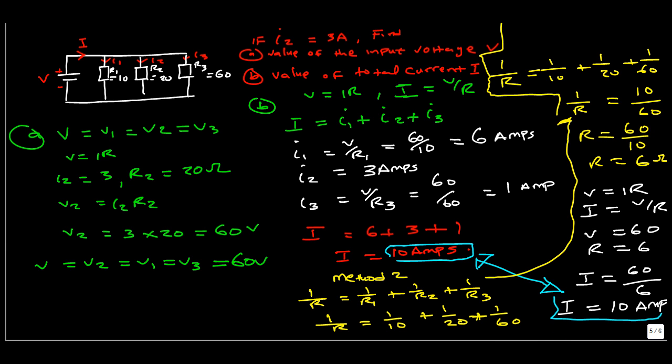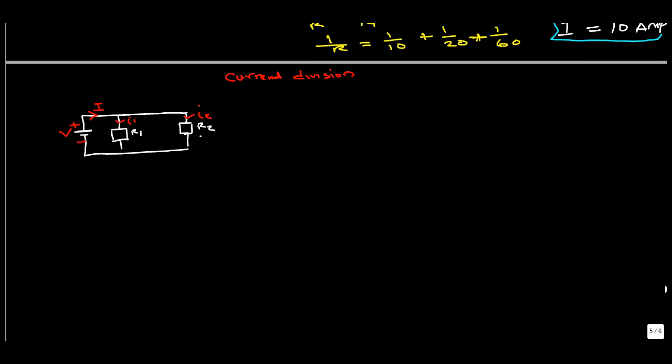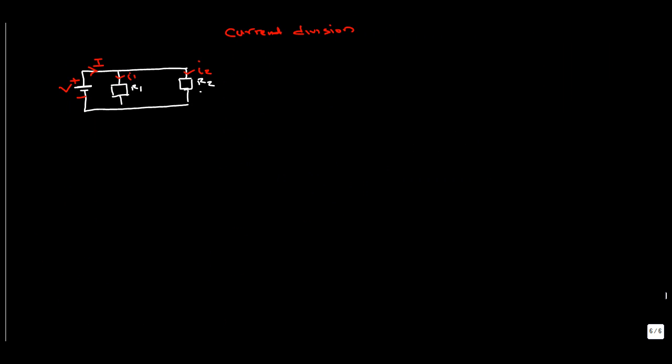For the parallel circuit, we're going to talk about current division. You have two resistors connected in parallel with an input voltage V and a total current I.